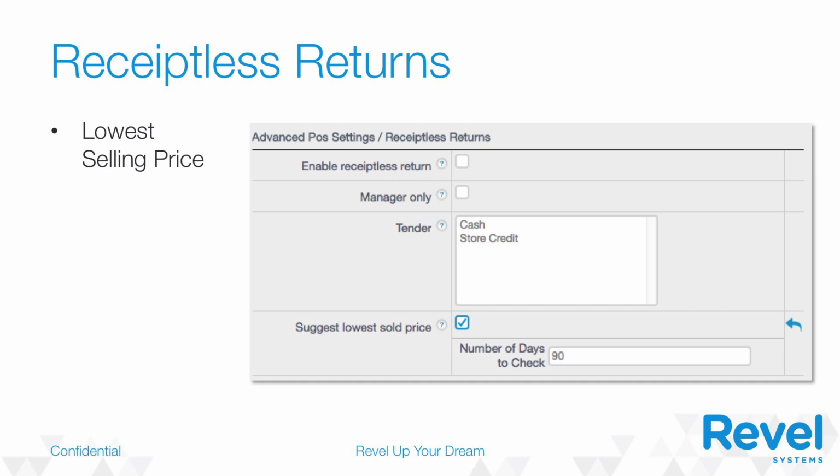With this feature, the system will give you the lowest price it was sold for within the last X amount of days, whatever you set, and that way, without a receipt, you can give a return with the lowest selling price within that last number of days. So in this example here, the suggested lowest price is indicated within the last 90 days to check. So this is under your control on what to set for the parameter.